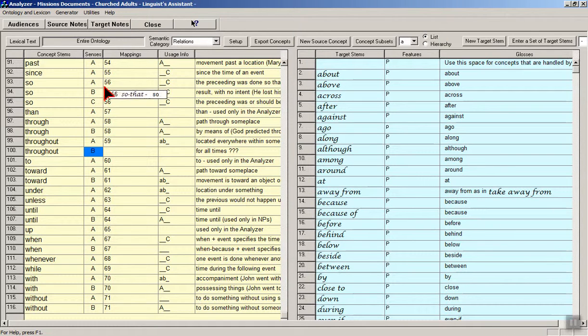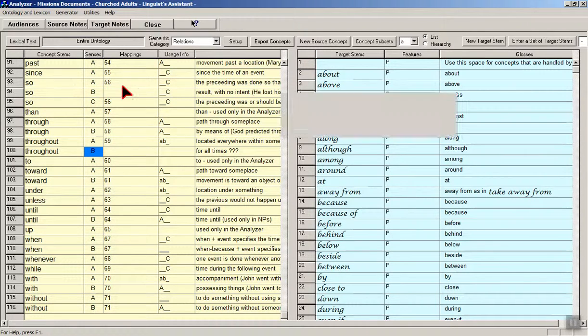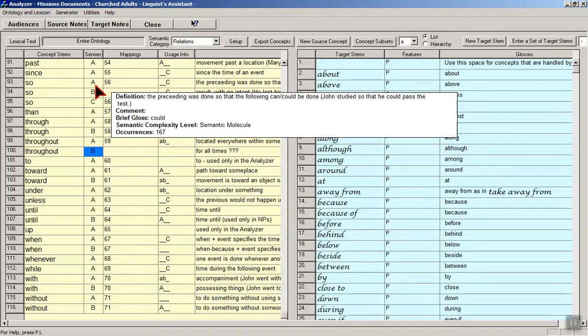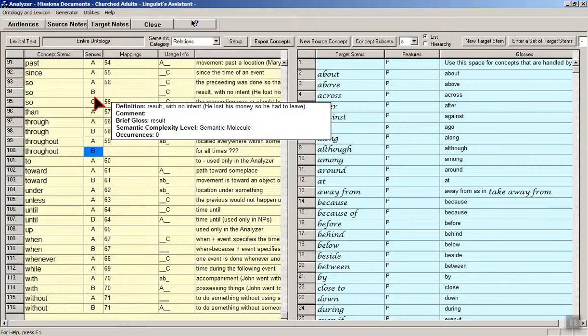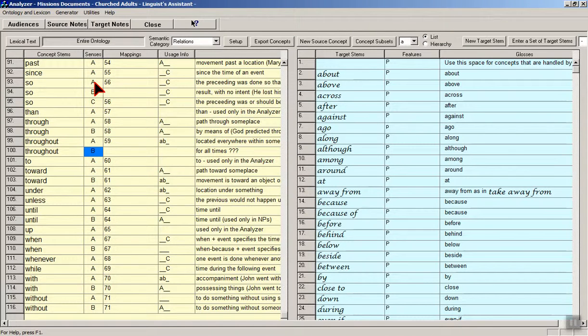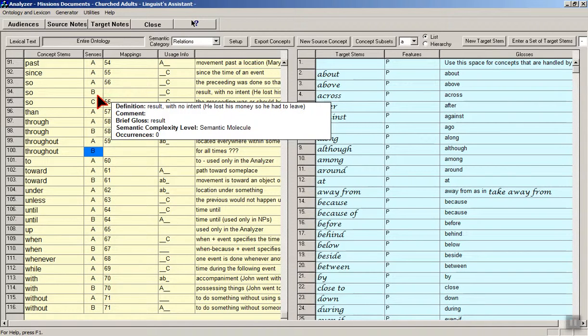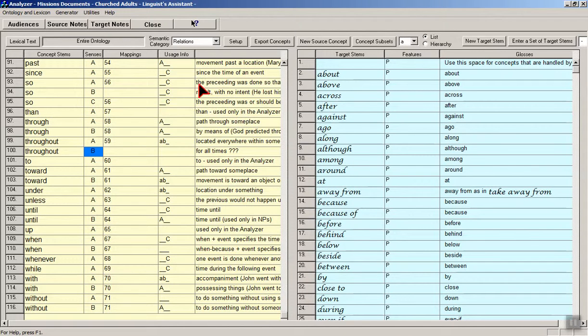You see there are three senses of so. Now these are the relation so's, not the conjunction so. The conjunction occurs at the start of a sentence, and these occur in a clause. So there are three senses here. We're not currently using sense B, which is result with no intent.